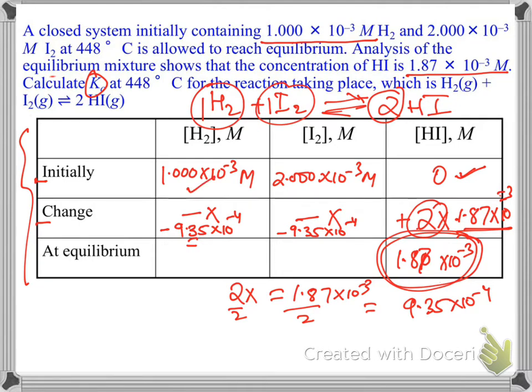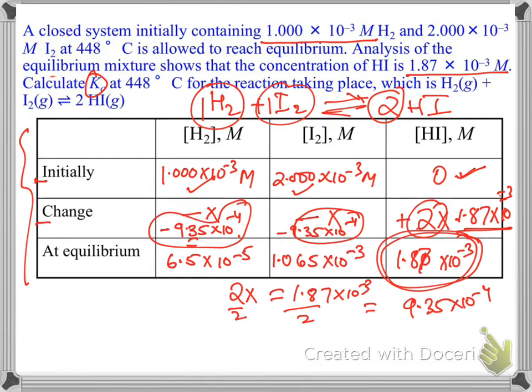Initially I started with this, I consumed this much, then how much is left? It is 1 times 10 to the negative third minus 9.35 times 10 to the negative fourth, and it will be 6.5 times 10 to the negative fifth. Subtract these two numbers. I started with this, I consumed this much, how much is left? 1.065 times 10 to the negative third.